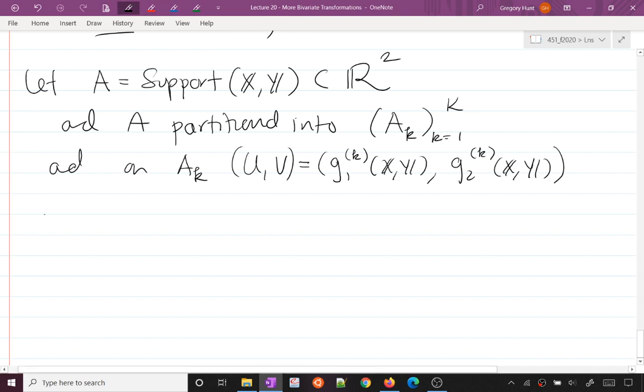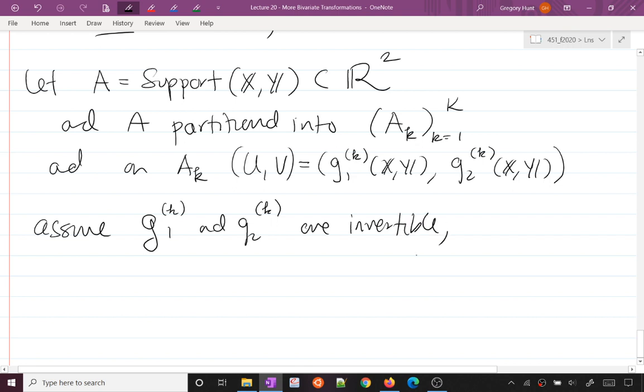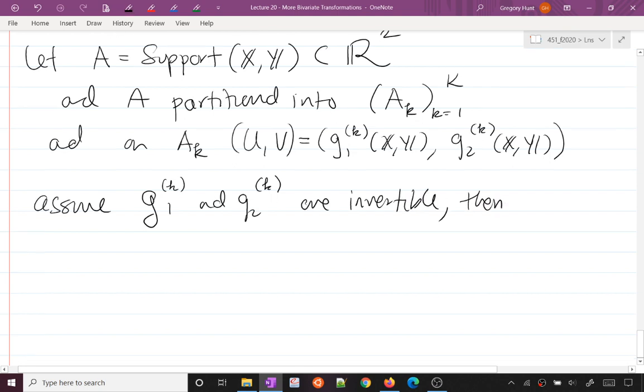Assume that g1k and g2k are invertible. Then, not too surprisingly, like in the univariate case, if I want to write the joint PDF of u and v, I'm just going to apply our theorem on the chunks and then sum them up.